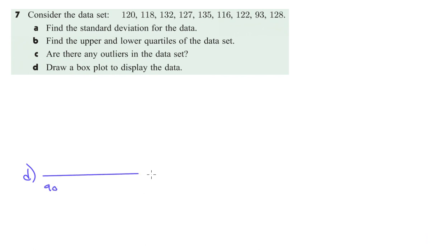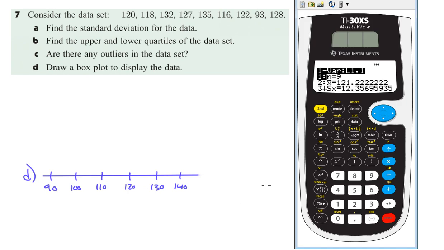We'll draw ourselves a little scale here up to 135. So we've got 90, 100, 110, 120, 130, 140. Now we can put all the pieces of our box plot in there.